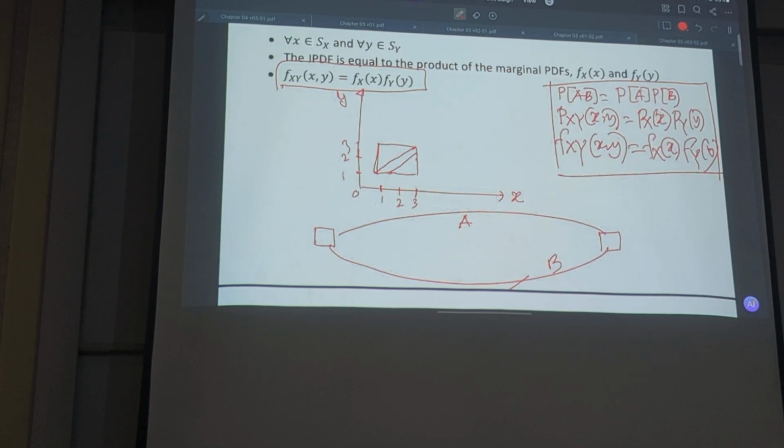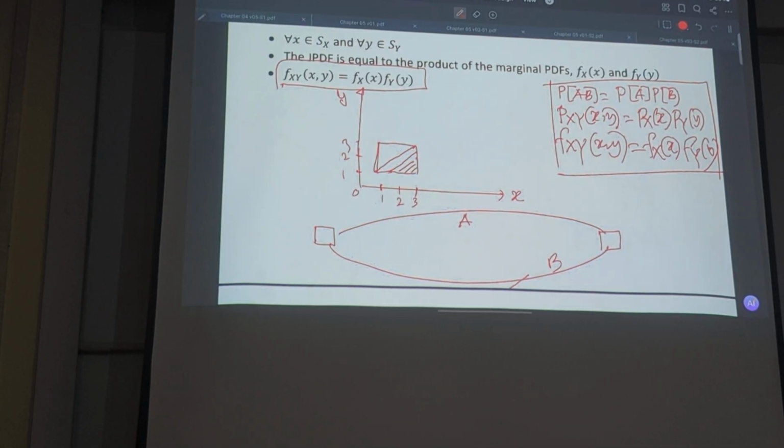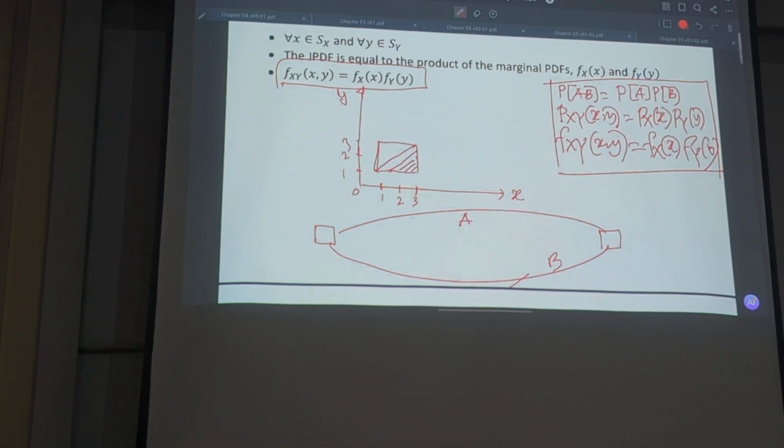What does it indicate? The shaded region indicates x is at least 50 microseconds greater than y. What does it indicate?